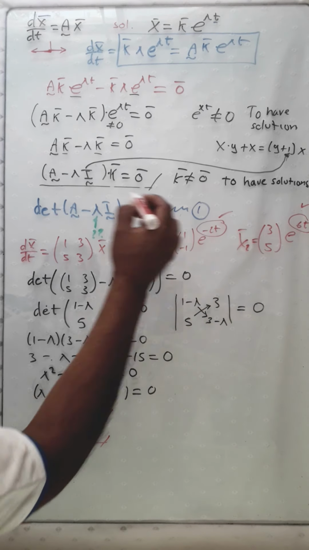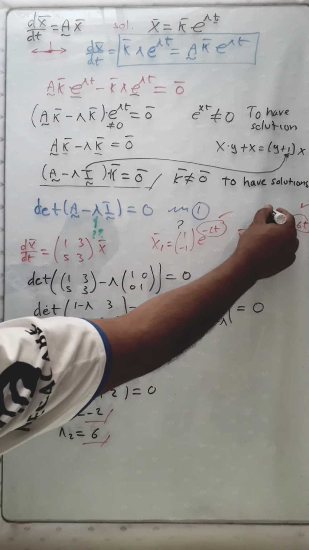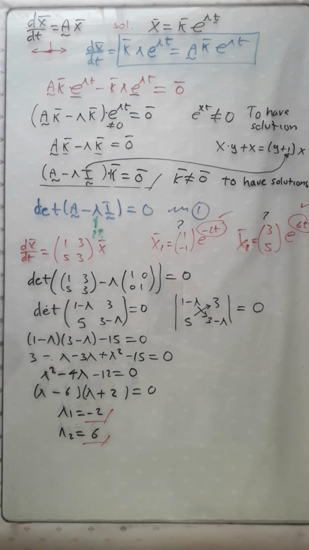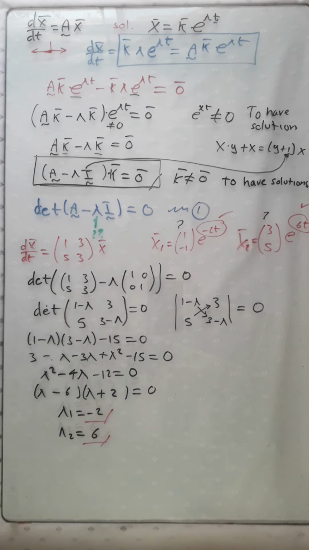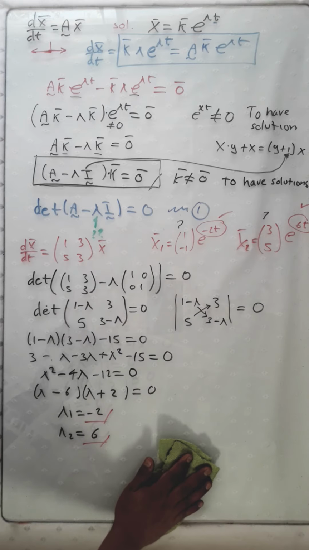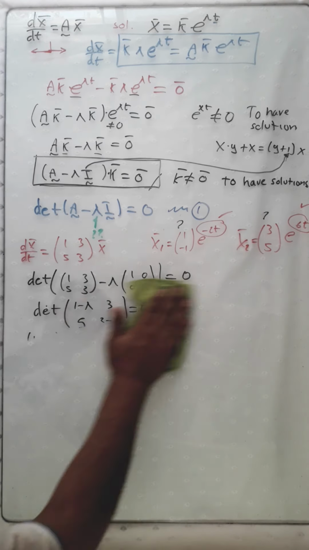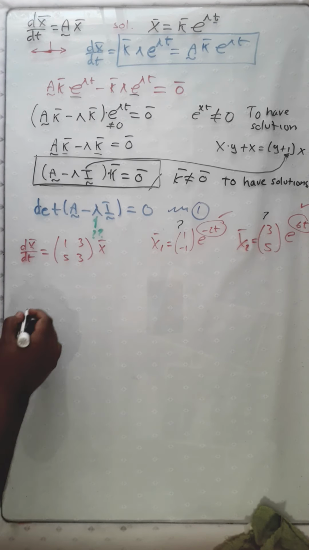What about the k vectors? Okay, for the k vectors, we are going to use this equation. Alright? But I will need more space, so I'm going to erase this part and then use this equation, but I'm going to use the first value of lambda.